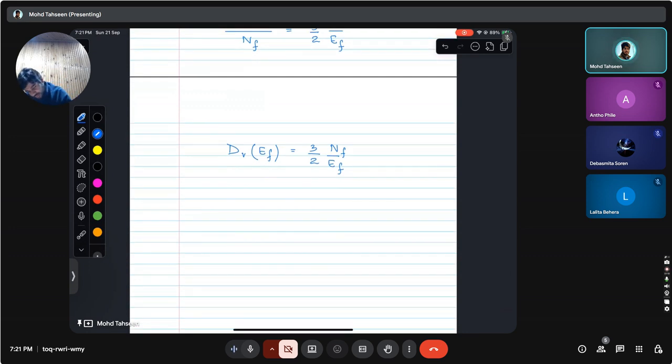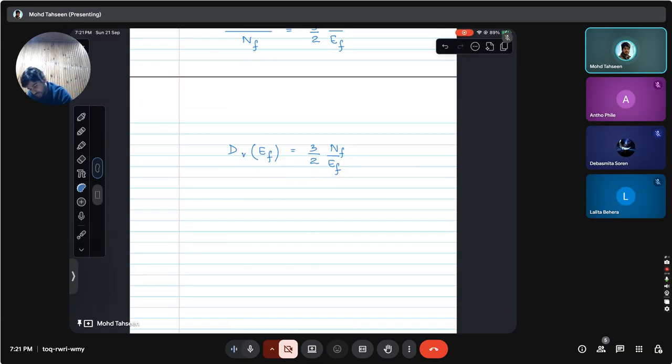Okay, so this is now the expression that we have to understand, what this means. This is saying the density function of occupancy of electrons per unit volume is given by this expression, where EF is the Fermi energy and NF is the density, so basically the number of electrons per unit volume.